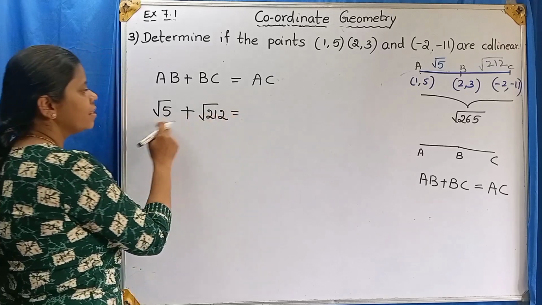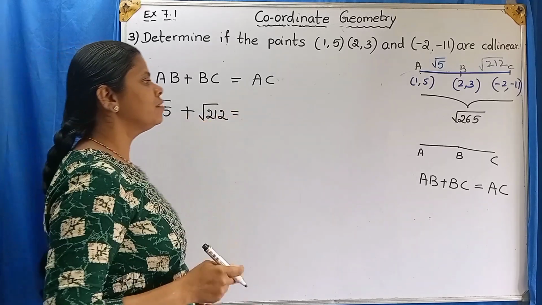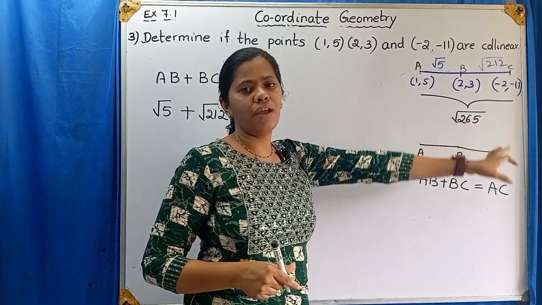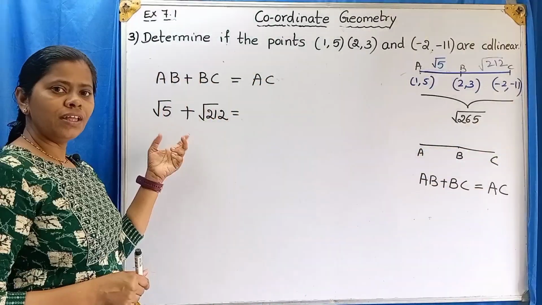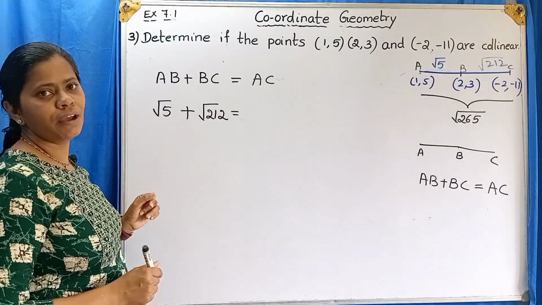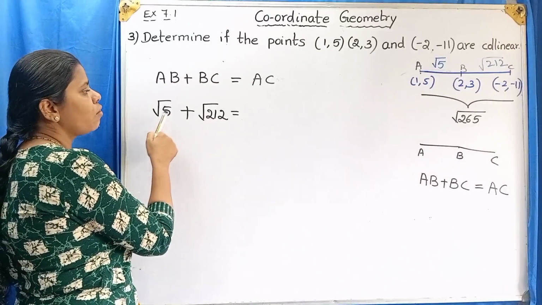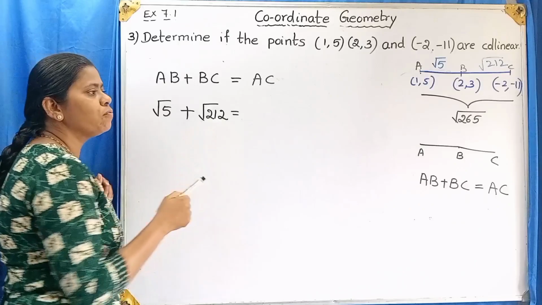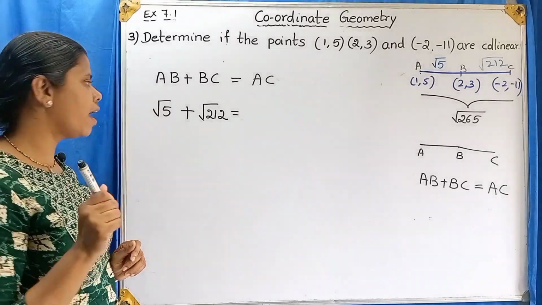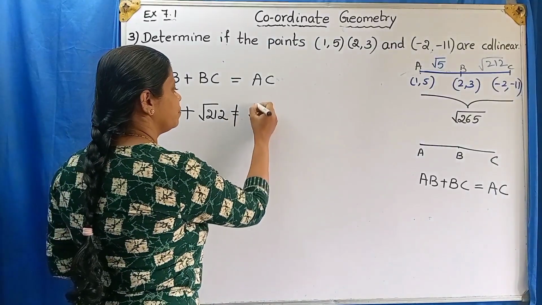When we add these two, we have to get square root of 265. Whether we will get square root of 265? No. Isn't it? When we add square root of 5 plus square root of 212, we won't get square root of 265.